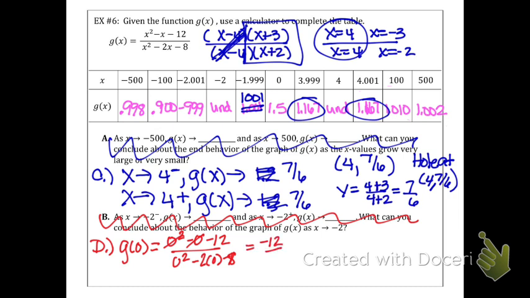So on top I have negative 12. On bottom I have negative 8, which reduces to positive 3/2. And so we know then that when x is 0, y is 3/2, which is our y-intercept. Remember, when x is 0, that's when we have our y-intercept.